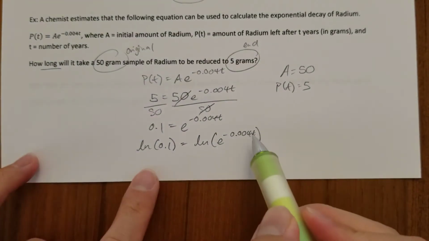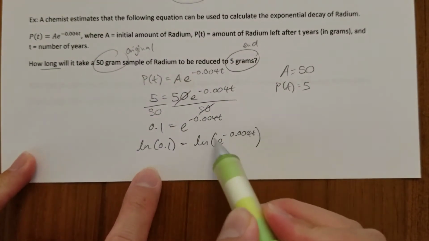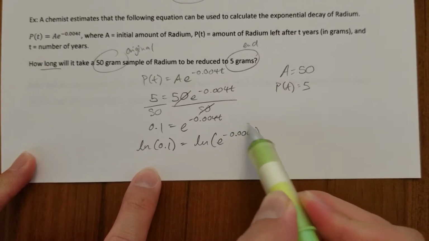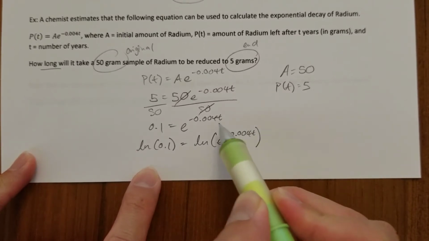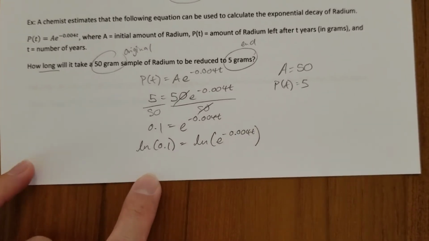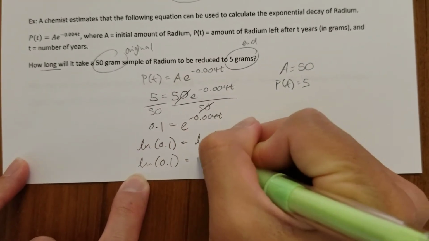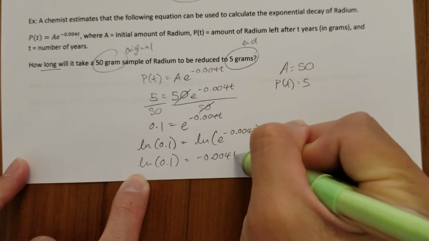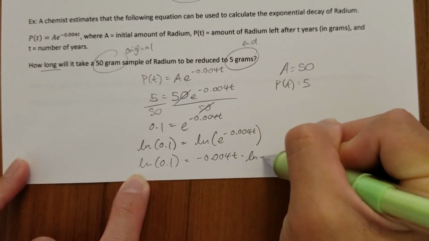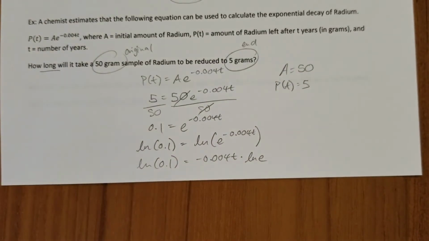Next, what I see on the right hand side is that this whole exponent can be thrown in the front as a constant. So this is ln of 0.1 equals negative 0.004t times ln of e.